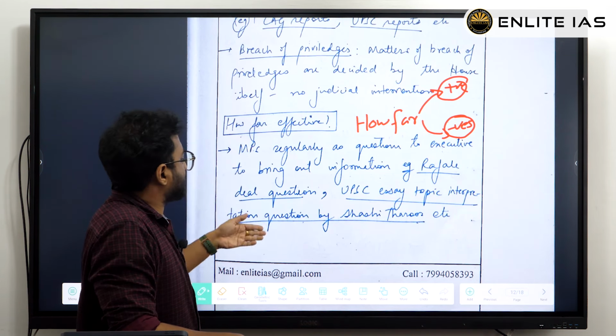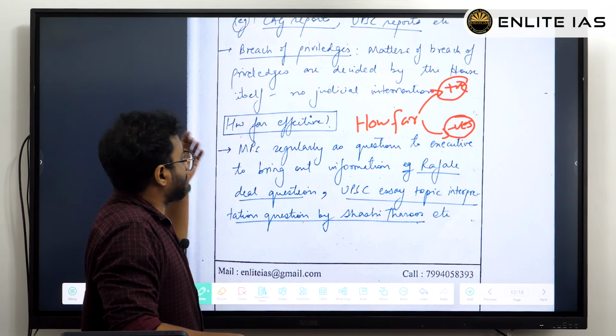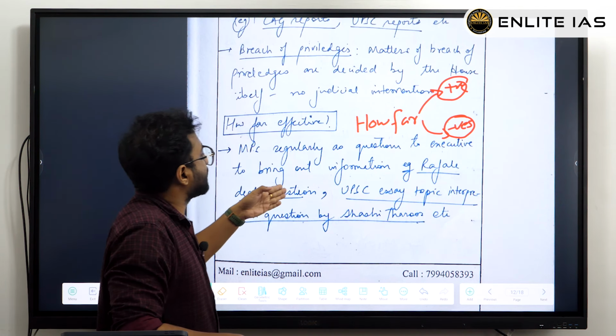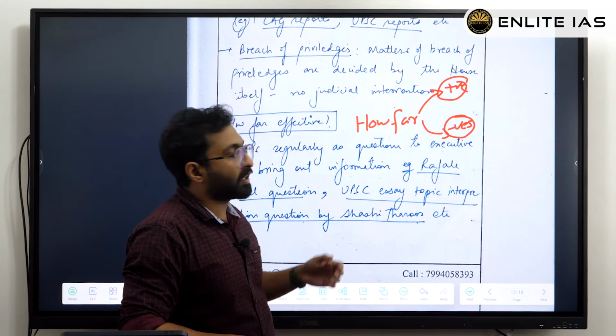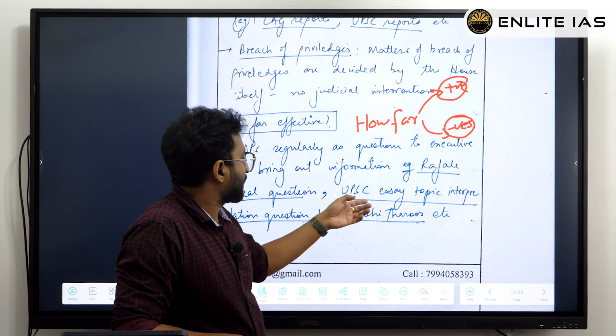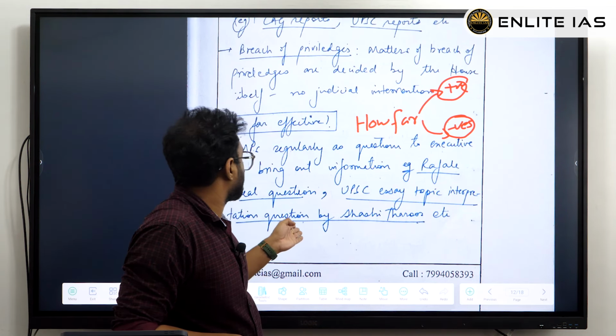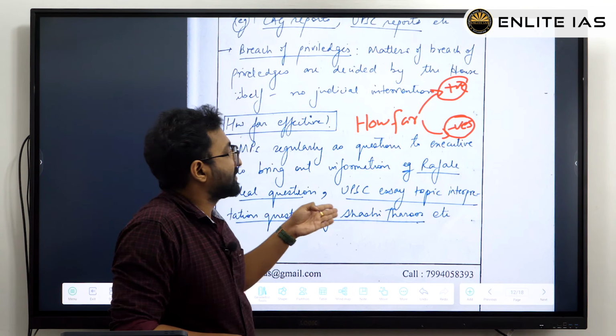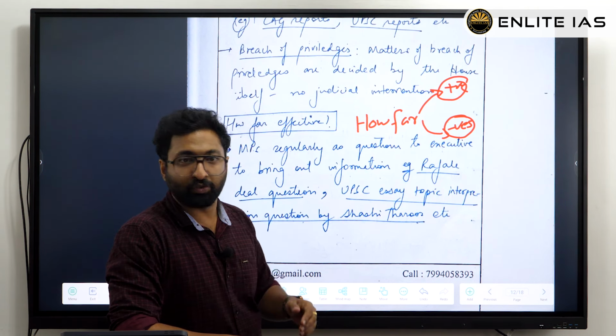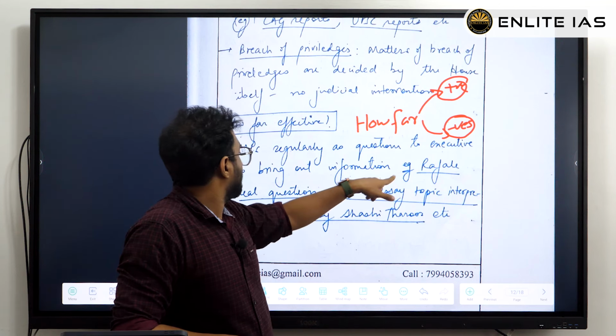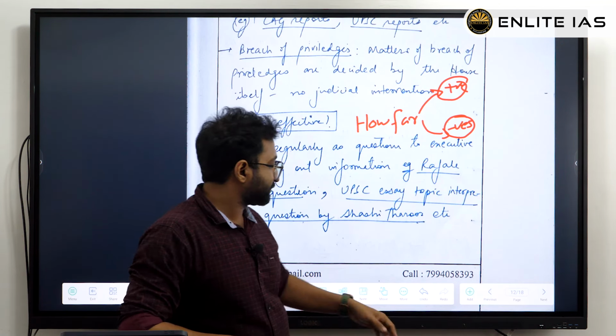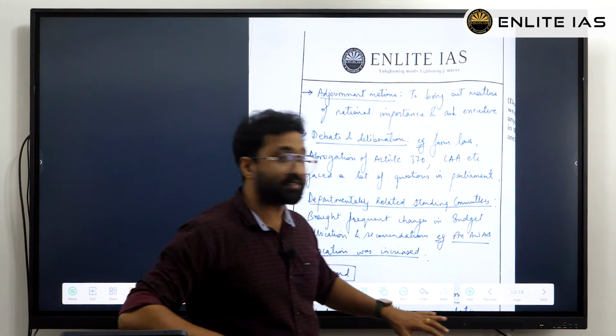He told two positive points and one negative point. The first point was a positive one, because members are regularly asking questions. The example is Shashi Tharoor's question on UPSC's essay topics. Everyone knows that. It's very connecting, right? Second, the Rafale deal question. So these examples are written here.